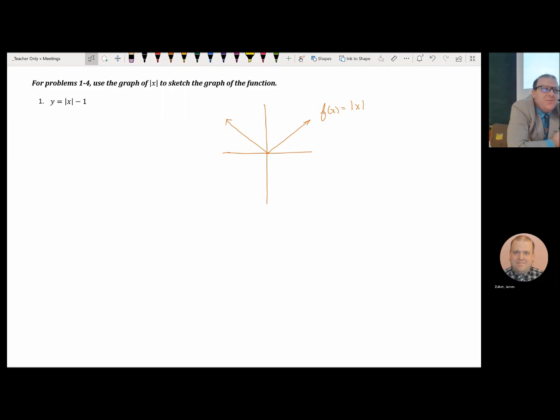Range is vertical. This is a translation 1 unit downwards.